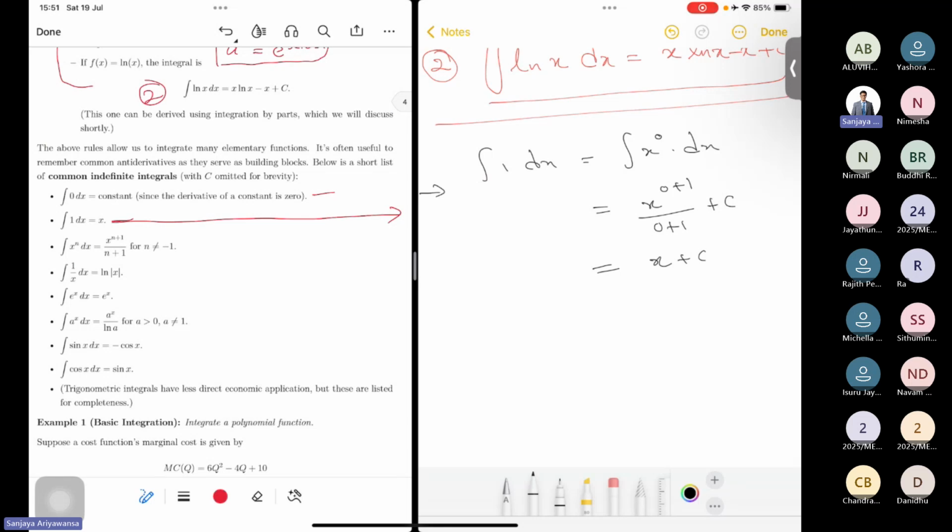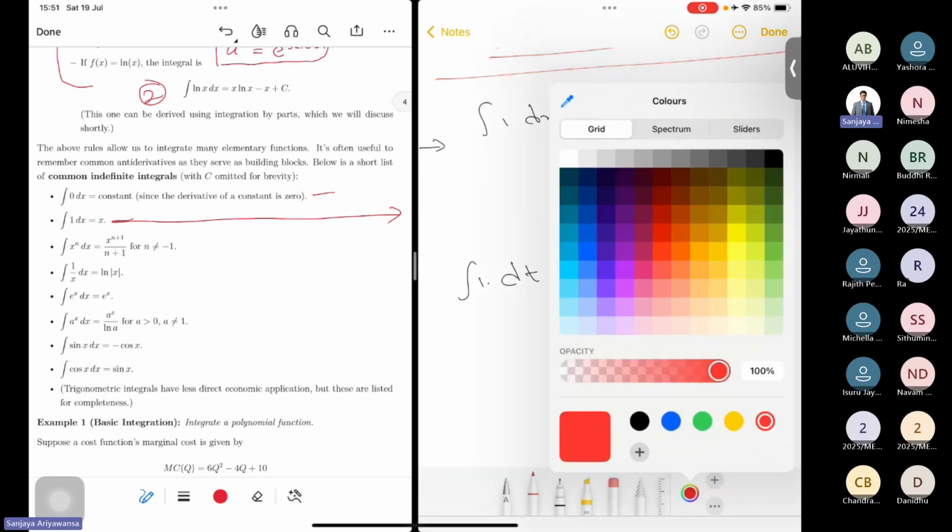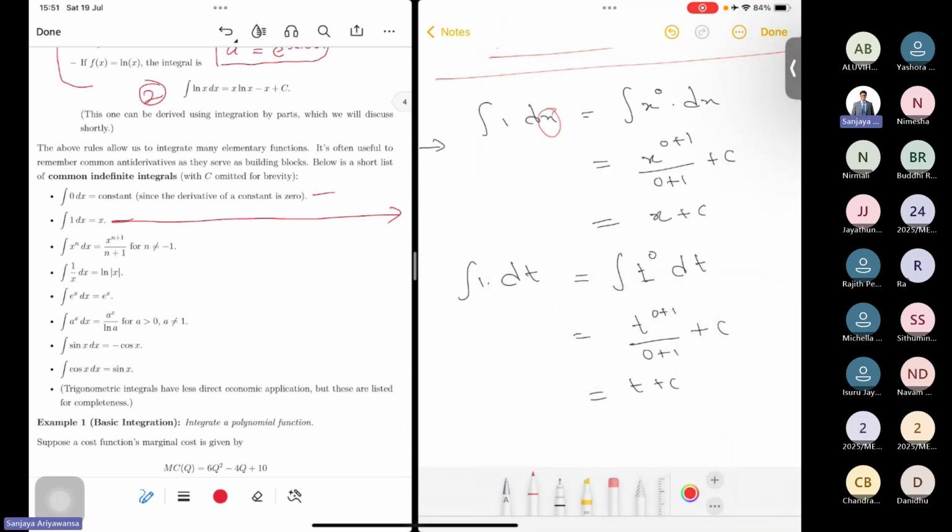Now, always we've been looking at with respect to x. Don't forget, if I give something like this, integrate or find the antiderivative of 1 with respect to dt, simply what I'm looking at is t to the power 0 dt, and that is t to the power 0 plus 1 divided by 0 plus 1 plus c, which is t plus c. So don't worry about what the variable is, okay?